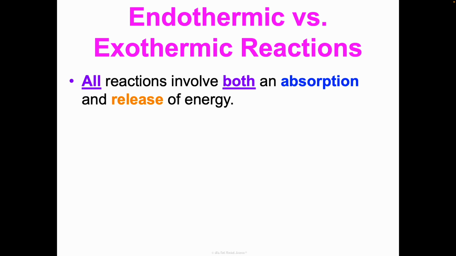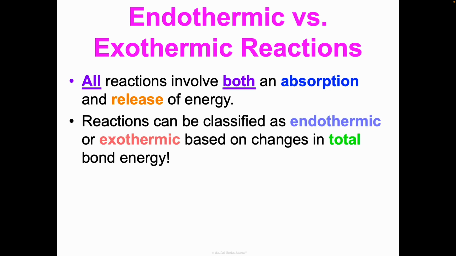Okay, so hear me very clearly. All reactions involve both an absorption and a release of energy. And so when we're classifying a reaction as endothermic or exothermic, that's based on changes in the overall bond energy, the total bond energy, the net energy, if you will, okay?